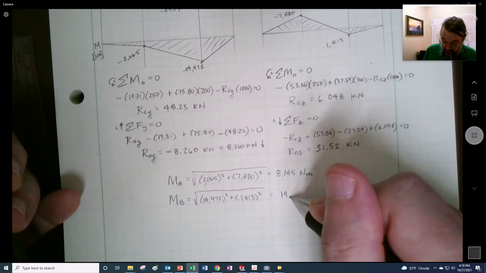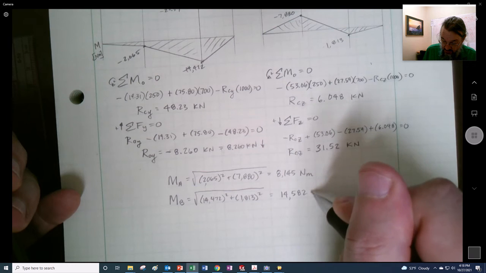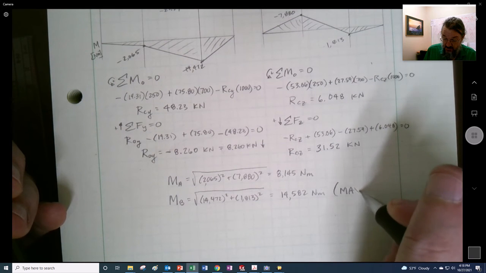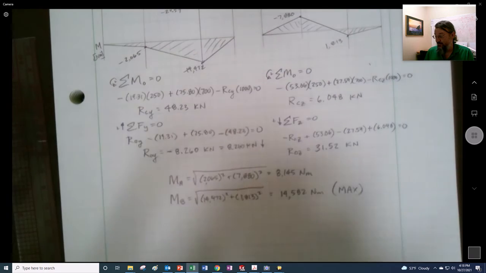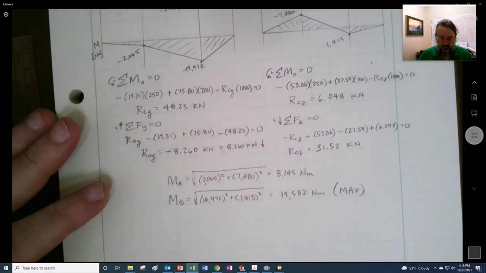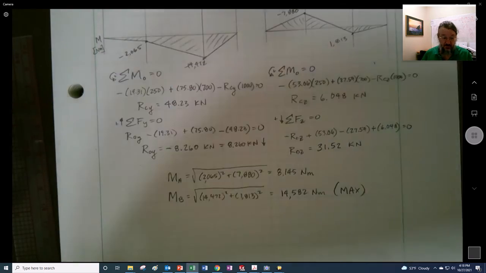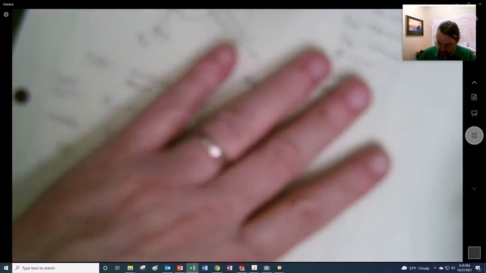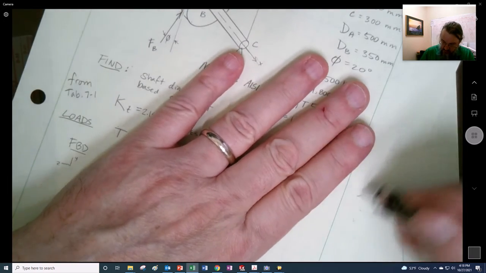So it comes out to 14,582 Newton meters, so it didn't even change much. And so that's the max. So we're going to be designing the diameter locally for a single shaft. So a single diameter shaft, that's what I meant by that, at that one spot.